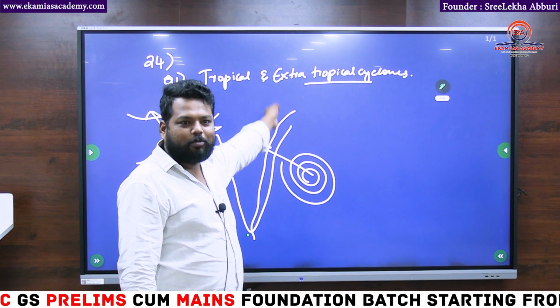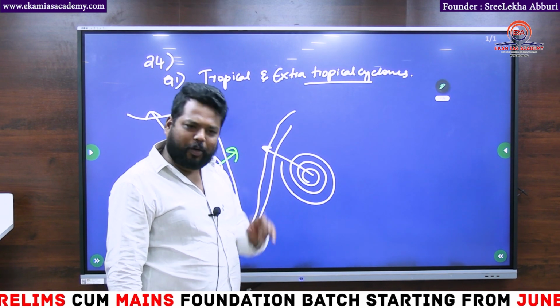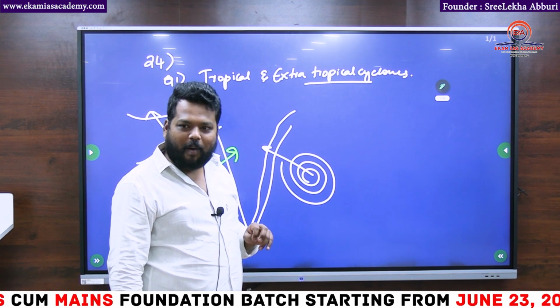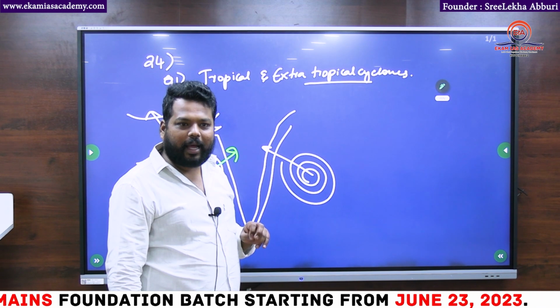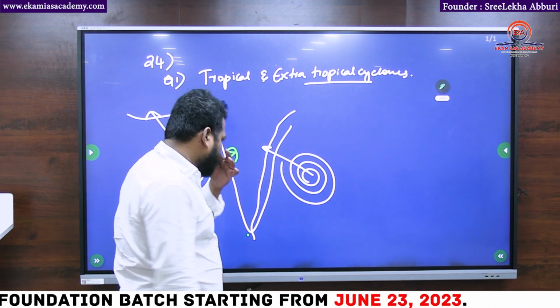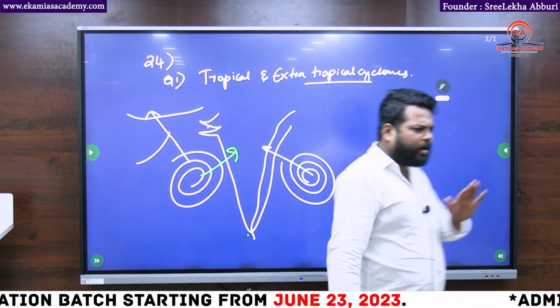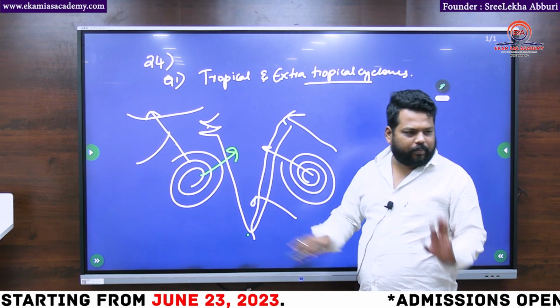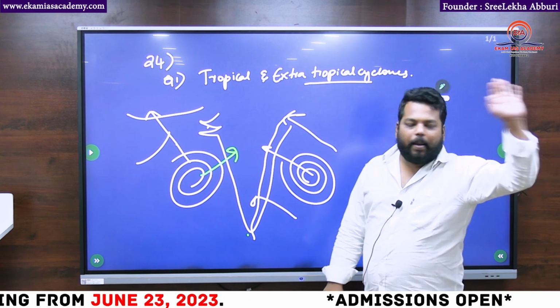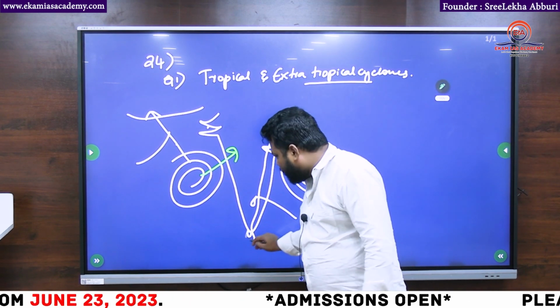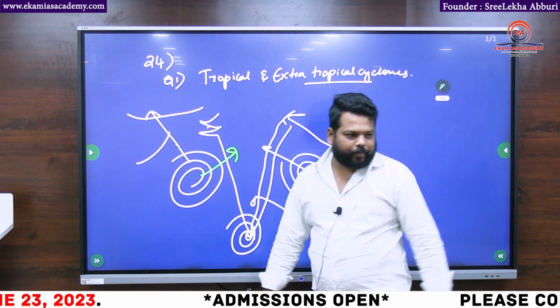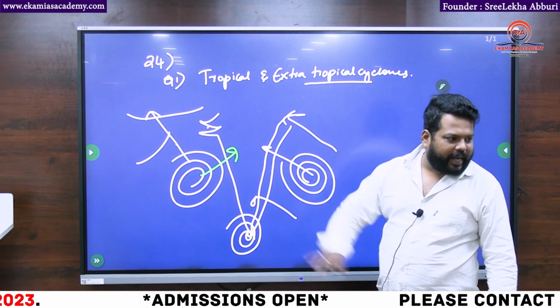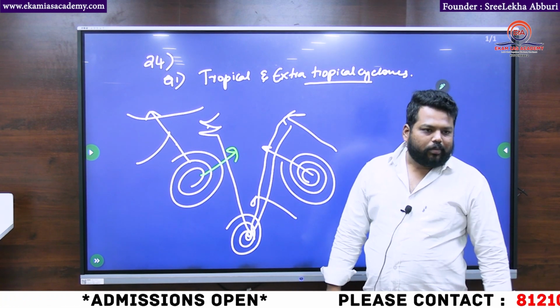Clear. Then comes the Okhi cyclone. Have you heard this word, Okhi? O-C-H-K-I, Okhi. It was also an abnormal cyclone. In general, 90% of the cyclones hit this margin. 90% of times. But sometimes cyclones might be formed here at 6, 7, 8 degree latitude also.